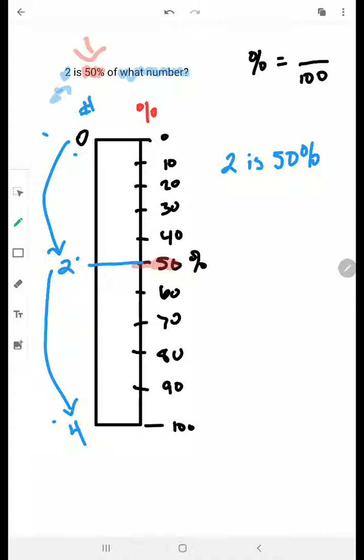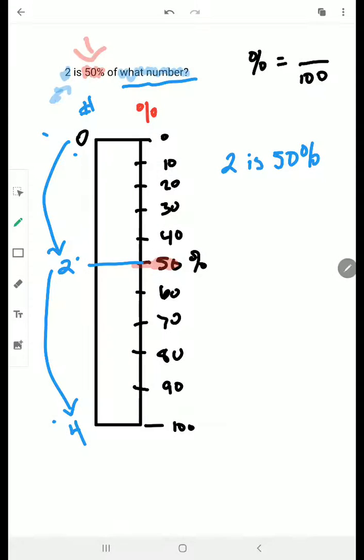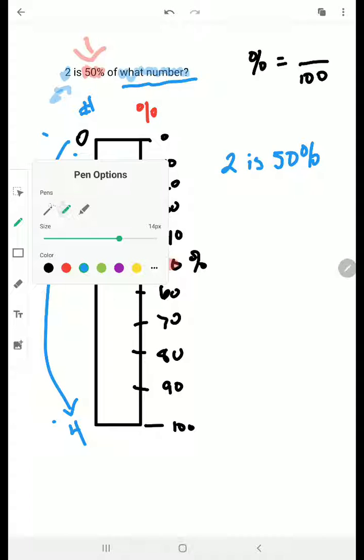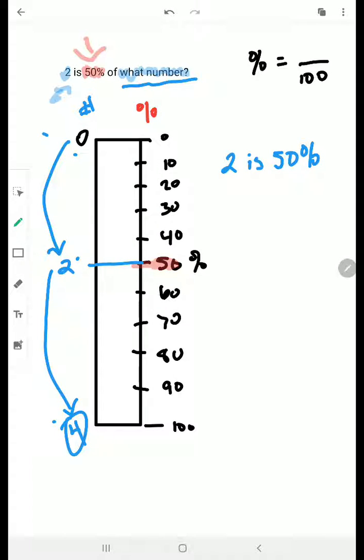It looks like that number that we don't know, that "what number," is 4. We're saying 2 is 50% of what number? 4.